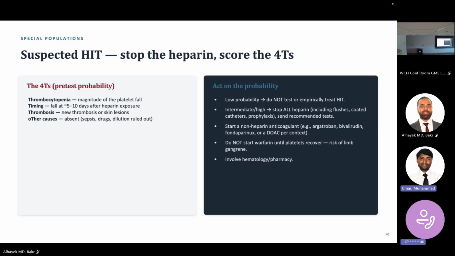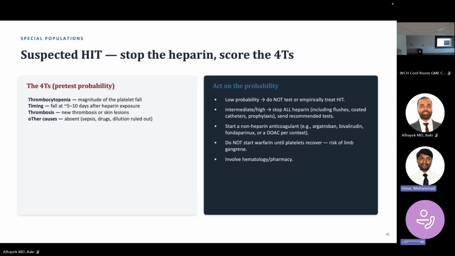So you need at least 4 to send a test. If it's less than 4, don't send a test, because it has a negative predictive value of around 99%. So if it's less than 4, it's almost 99% not HIT. If the 4T score is 4 or more, yeah, go send a HIT panel, because it costs the patients.